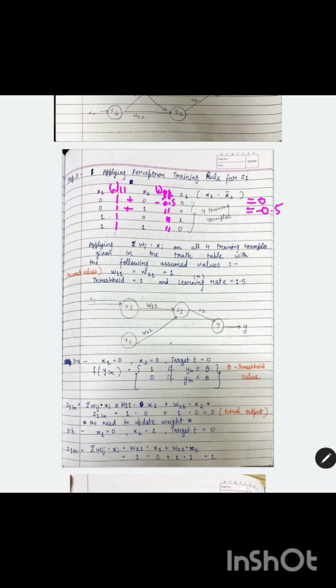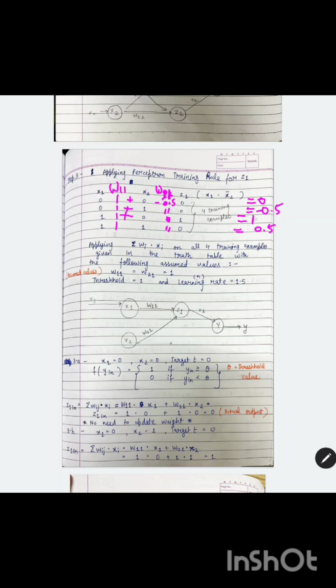Then 1 into 1 is 1, plus 0 into anything is 0, so we got 1. And now 1 into 1 is 1, plus 1 into minus 0.5, so 1 minus 0.5 becomes 0.5. These are the answers that we get for output.